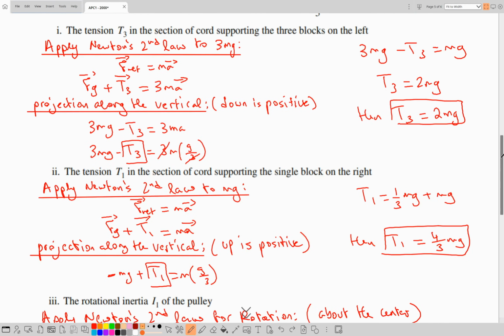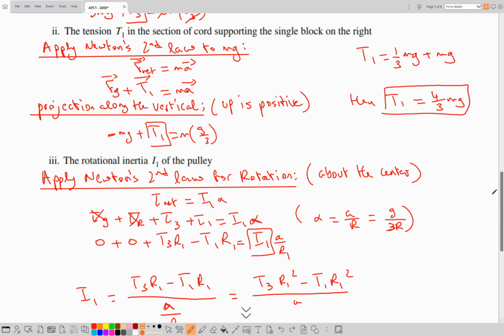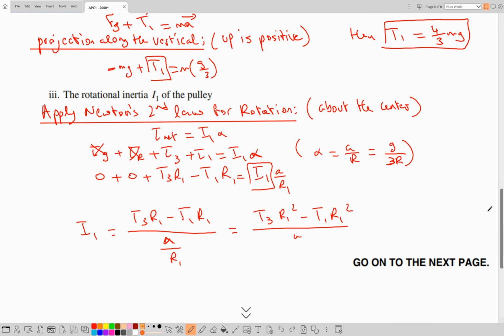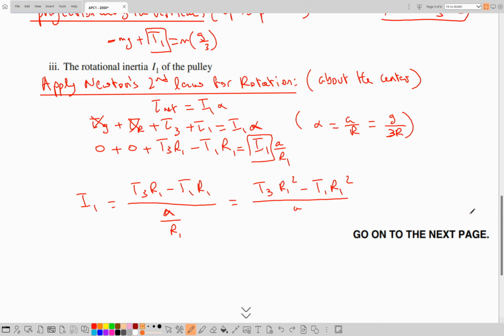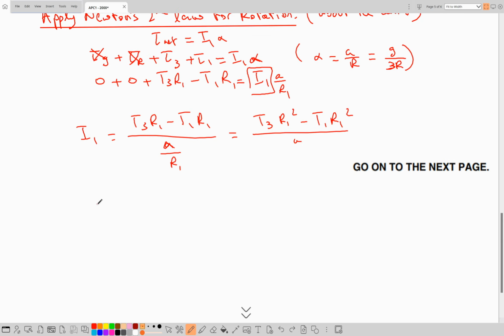Now T3 is given by 2 mg and T1 is given by 4 over 3 mg. So now T3 is 2 mg R1 square minus 4 over 3 mg R1 square, divided by A, which is given by g over 3.